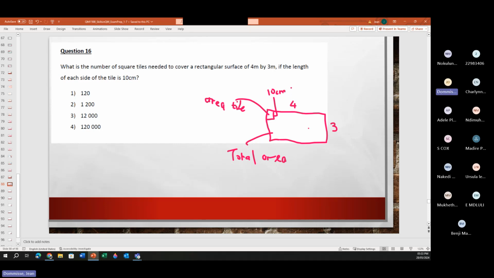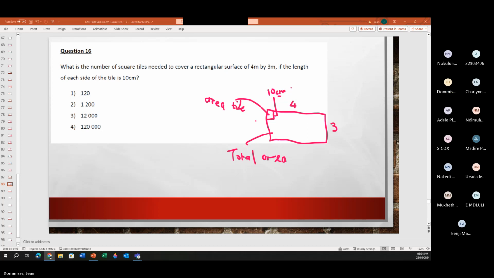But first, the tiles are in centimeters and the other one is in meters, so I would rather want everything to be in centimeters, as it is easier to work with when we divide.